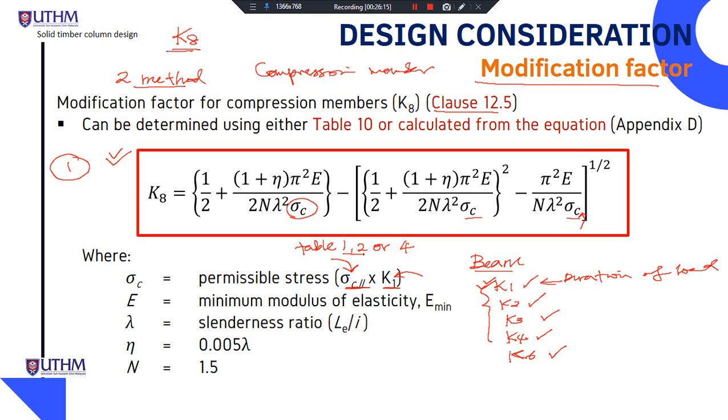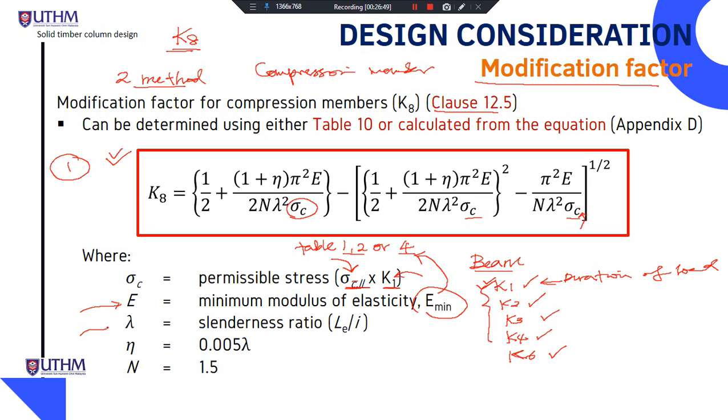Tables 1 and 2 are based on the species name, meanwhile table 4 refers to the strength group. Next is the modulus of elasticity. In this K8, we use E minimum, and this E minimum is determined from the same table as compression parallel to grain.